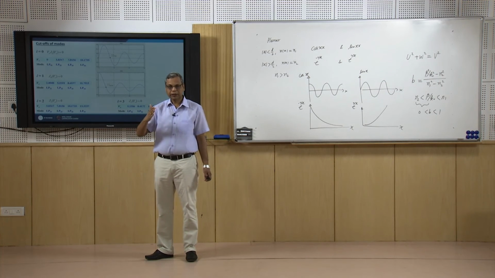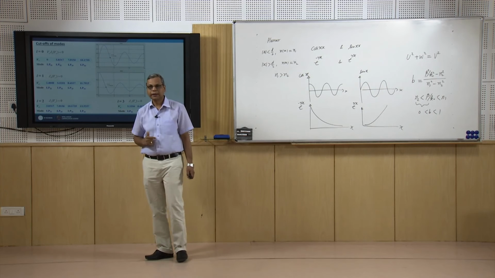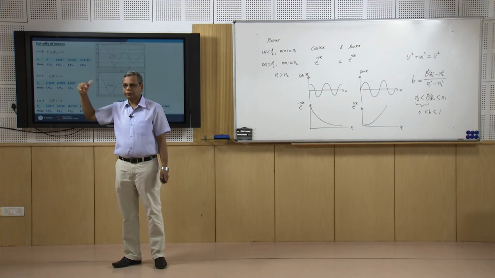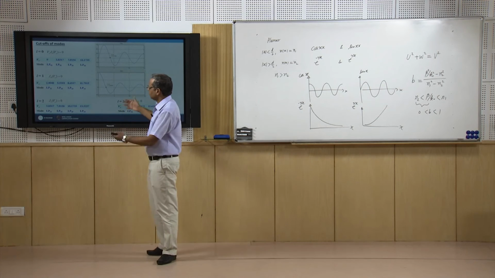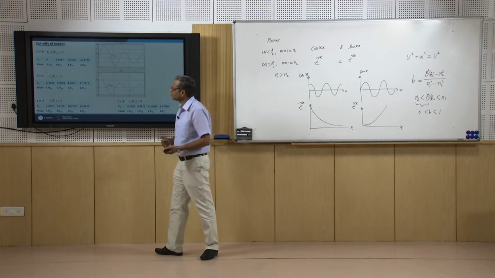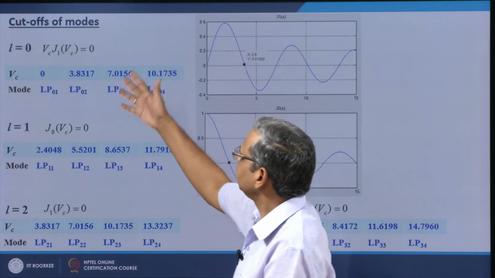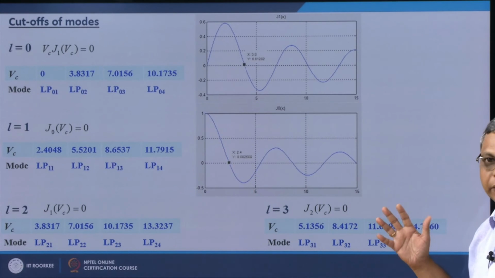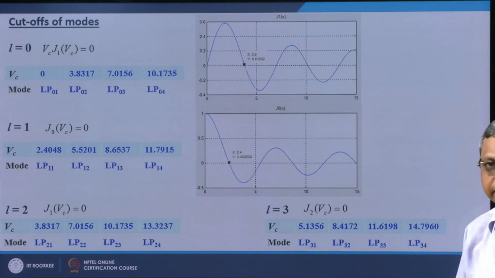TE0 has the highest propagation constant, then TE1, then TE2, then TE3 and so on. So, the propagation constants decrease with mode number, but here it is not obvious, and also the cutoffs, you can see the numbers are weird. So, I cannot fit any pattern there.